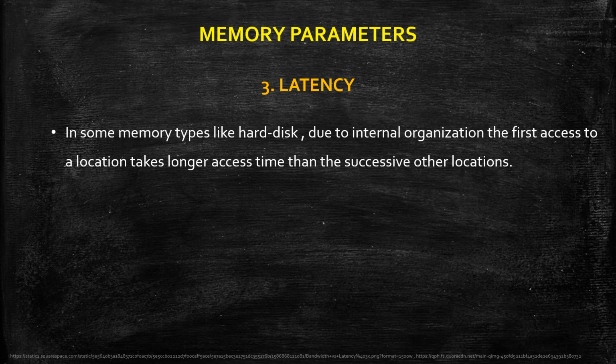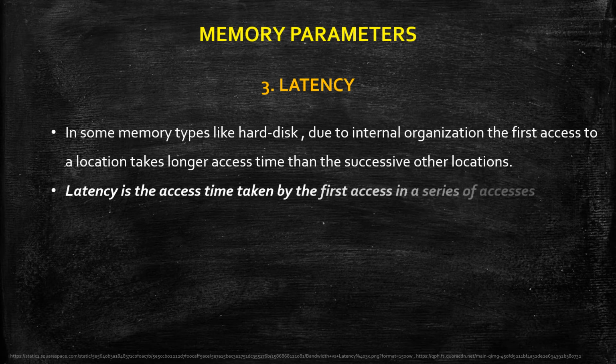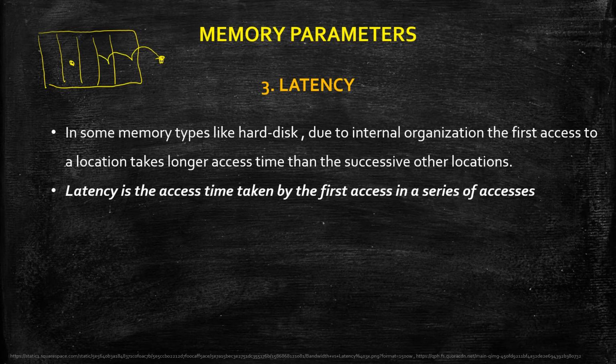Normally you may find different organizations of the memory. For example, let's say this is the memory. It might be possible that the organization of this memory is like, suppose you are over here and you want to reach over here, it has to go through all the locations and then it can reach over here.